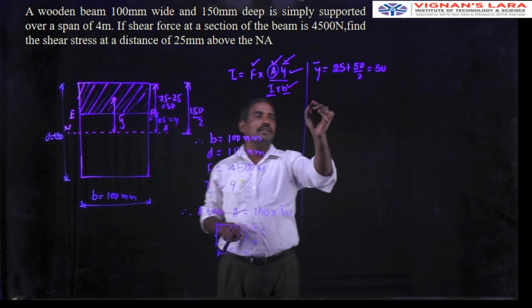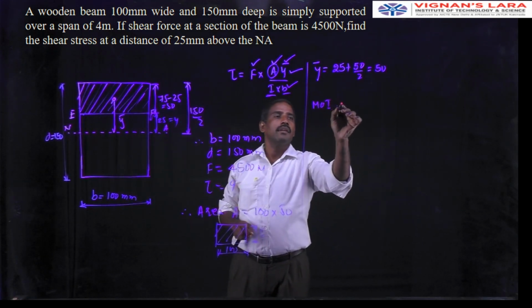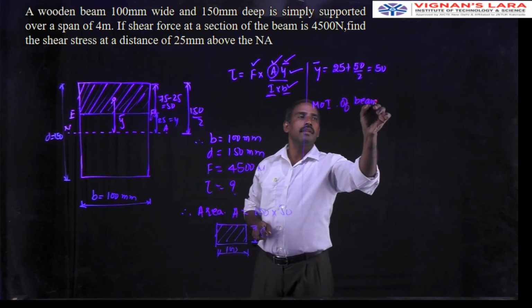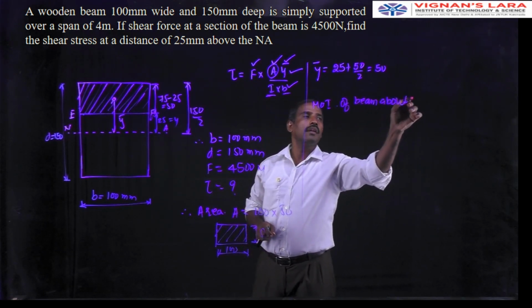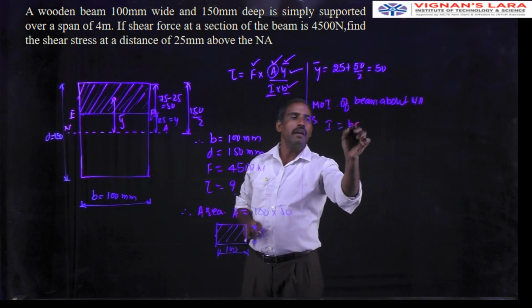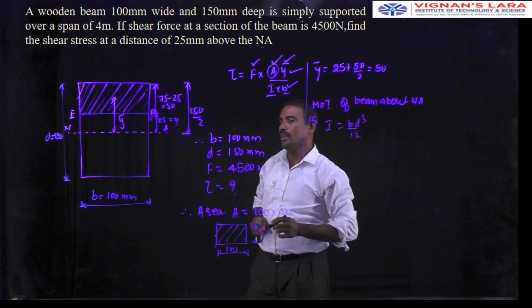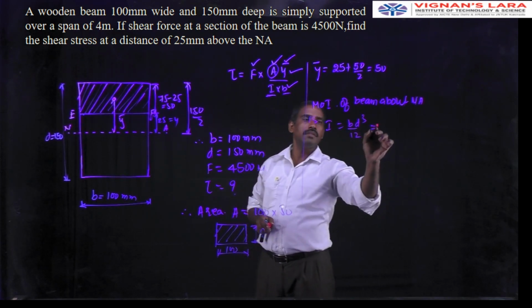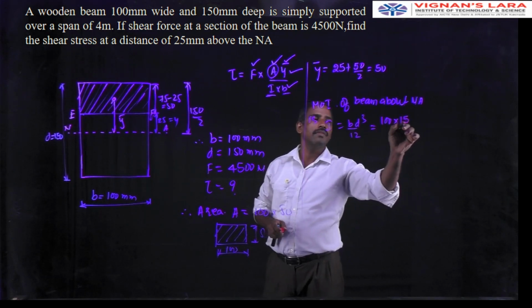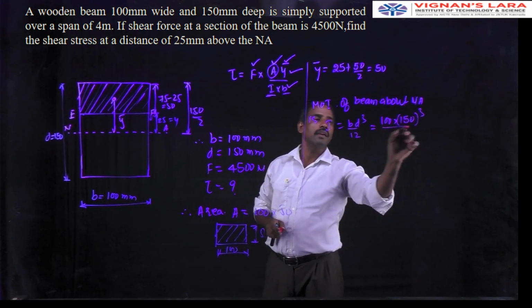The moment of inertia of the beam about a neutral axis is BD cube by 12. So that is equal to B, which is 100, into D, 150, whole cube by 12.